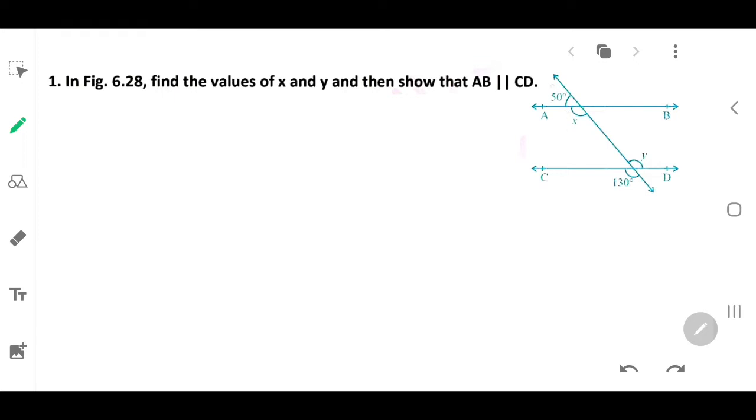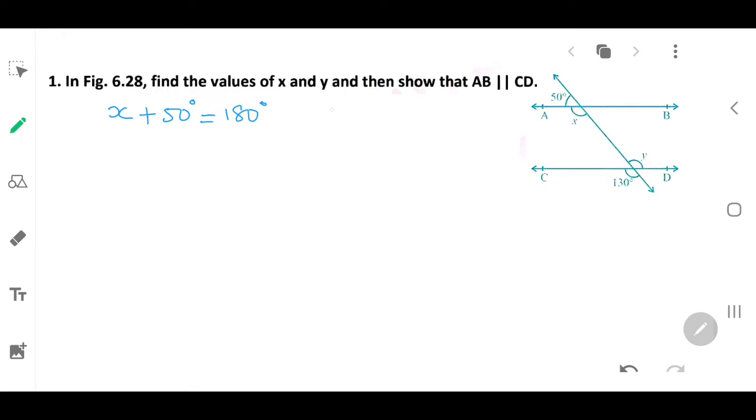Now here you can see a straight line, correct? In this straight line two angles are given. One is 50 degree and the other one is x. So we know the sum of two angles is 180 degree since it is a linear pair. So we can write here x plus 50 degree is equal to 180 degree.